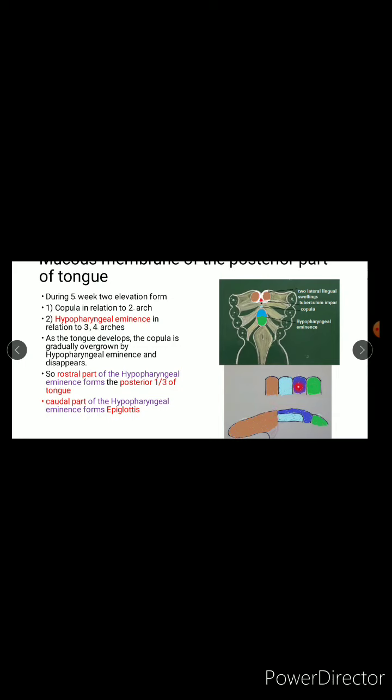The second arch forms the copula, and the third arch, the ventral part of the hypopharyngeal eminence. The mesenchyme of the third arch rapidly overgrows that of the second arch, which is thereby excluded from further involvement in the development of the tongue. Here you can see the hypopharyngeal eminence overgrowing the copula.